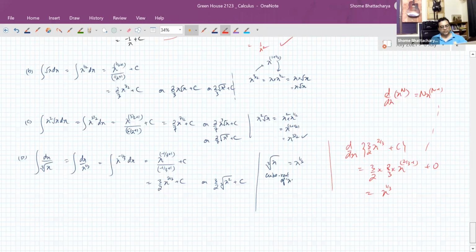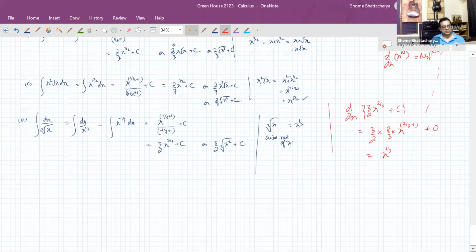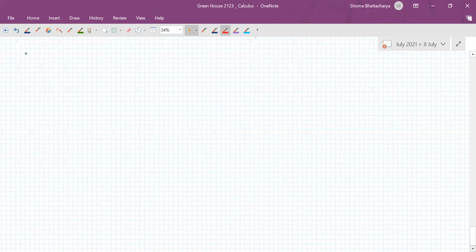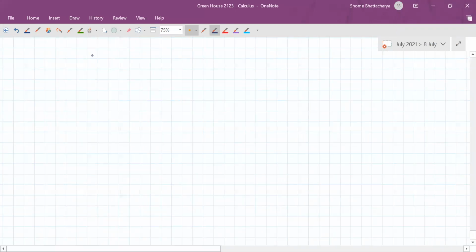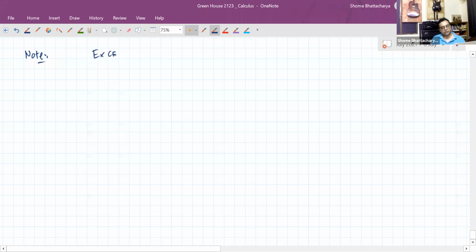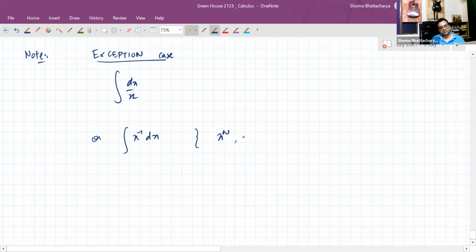Okay, so people, hope these questions are clear. So this is the basic thing in integration. Now, few things to keep in mind. The exception case, first of all. Integration of dx by x, or x to the power minus 1 dx, that is x to the power n with n equal to minus 1 in this case.